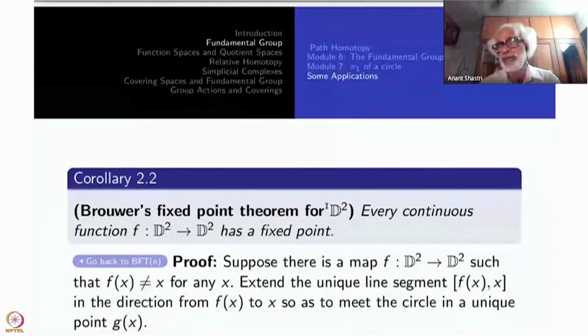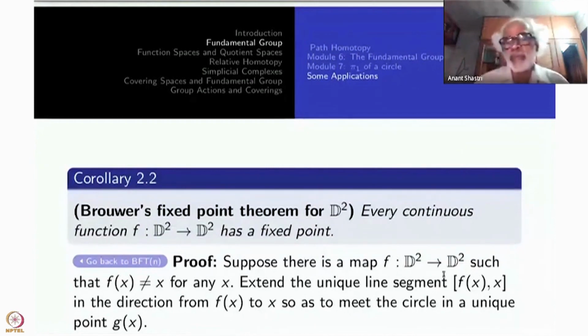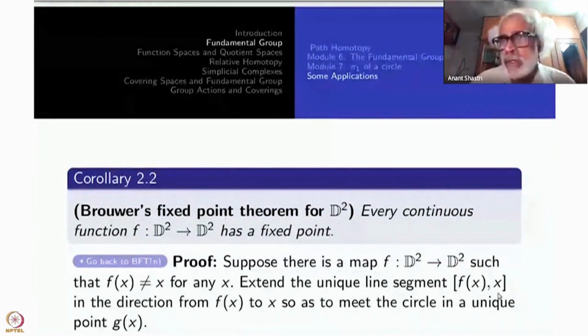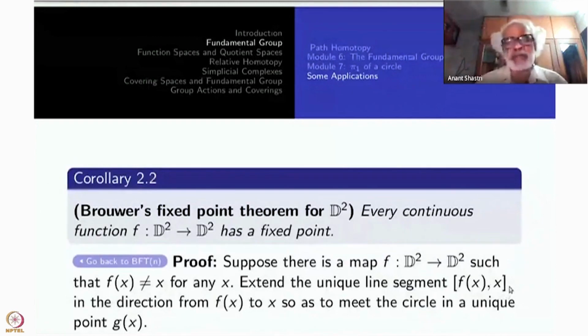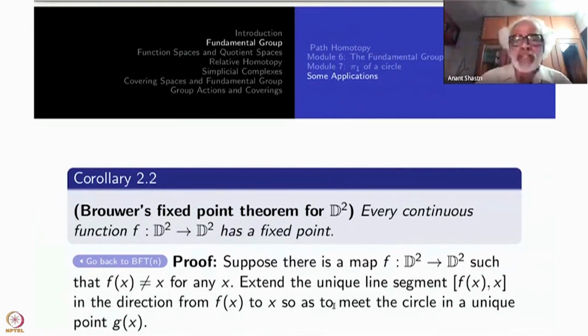There are 2 points of intersection of the circle with the entire line. I want the point which is towards x rather than towards f(x). That's all. Let us call that point g(x). So I have constructed a function x going to g(x) out of the function f, only after assuming that f has no fixed points.